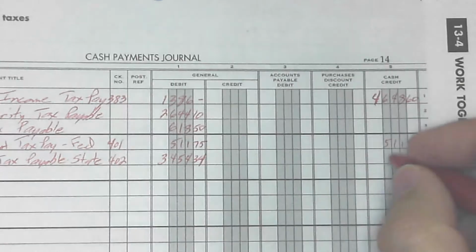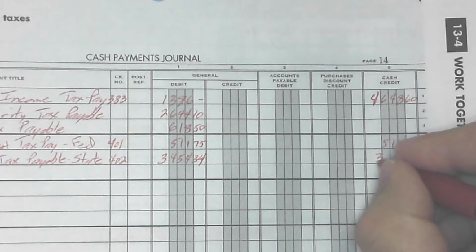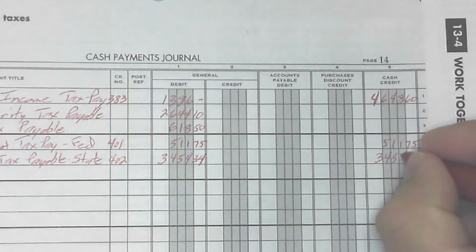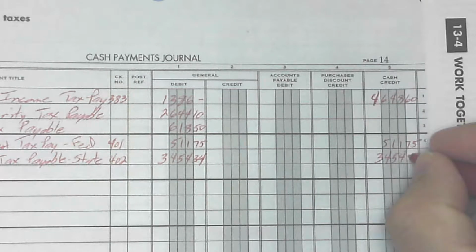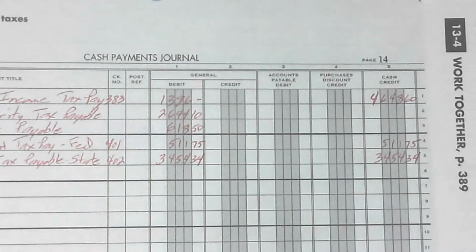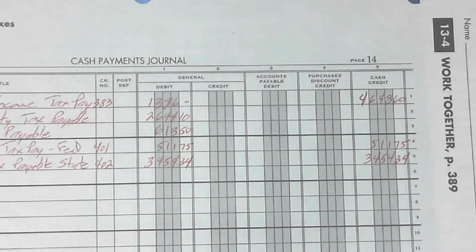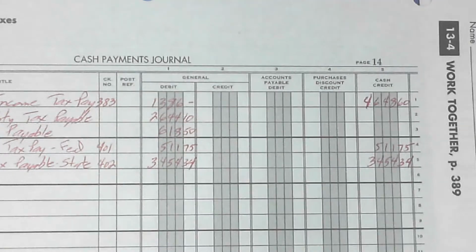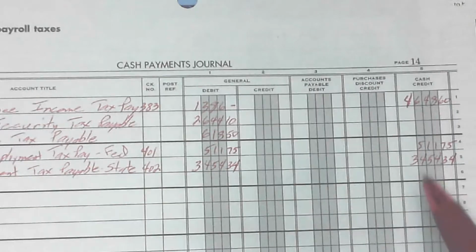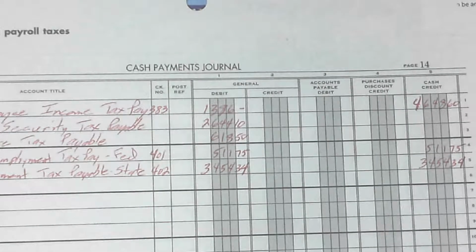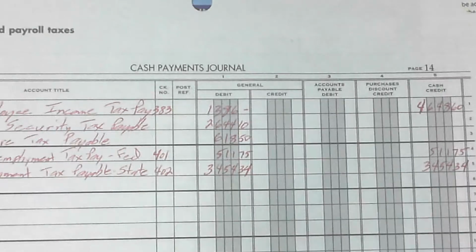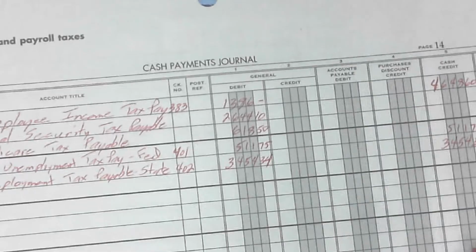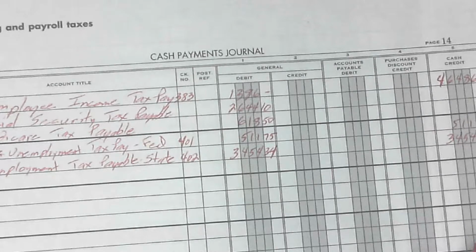Let's go ahead and bring this down to cash credit. So you don't have to total anything up or anything else on here. That's all you have to do for this journal.